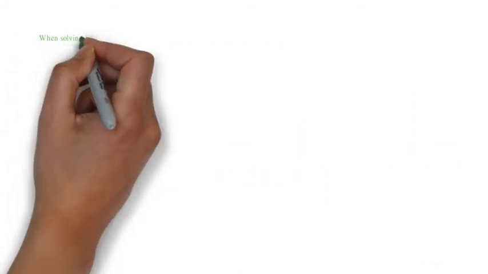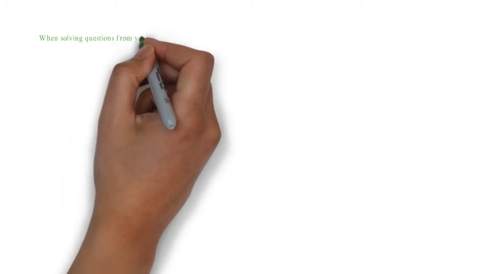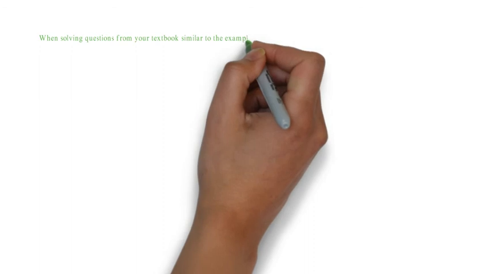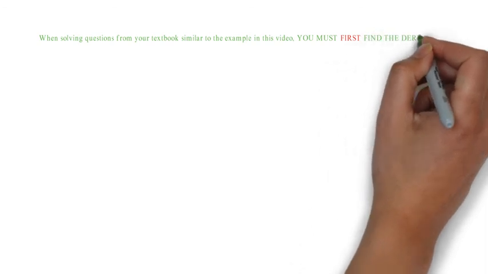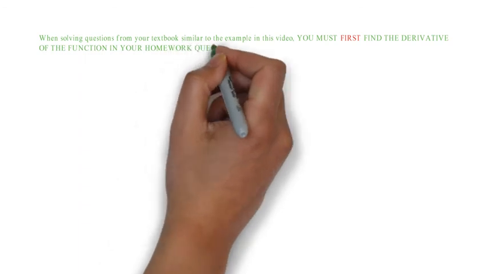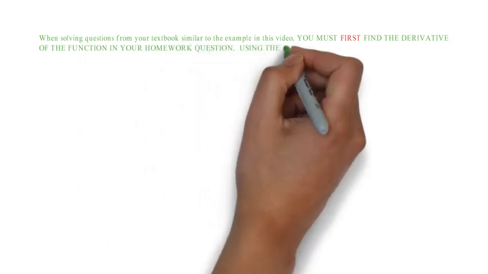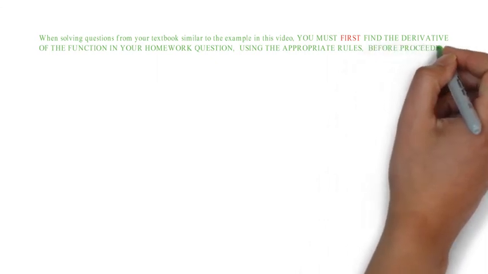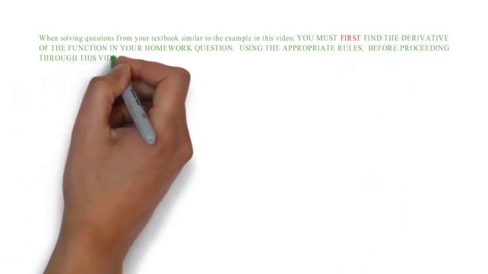When solving questions from your textbook similar to the example in this video, you must first find the derivative of the function in your homework question using the appropriate rules before proceeding through this video.